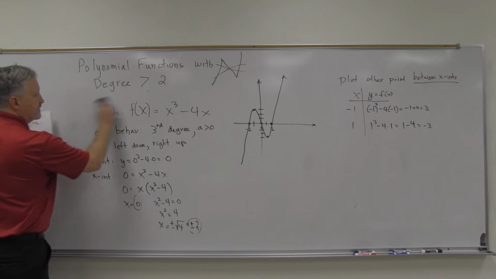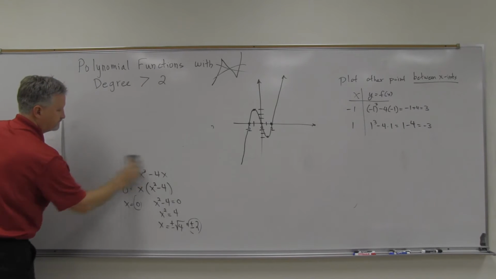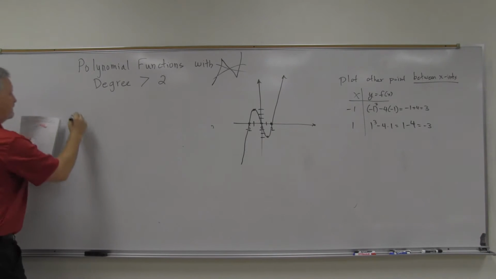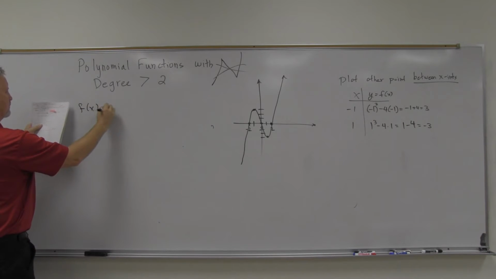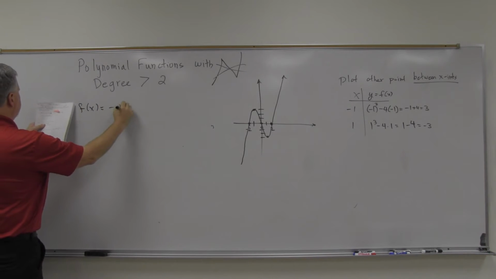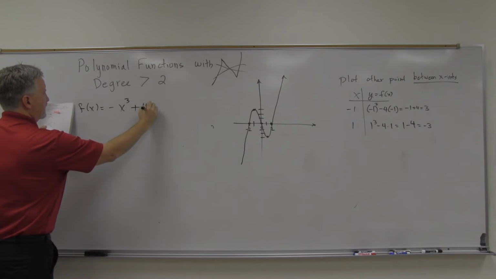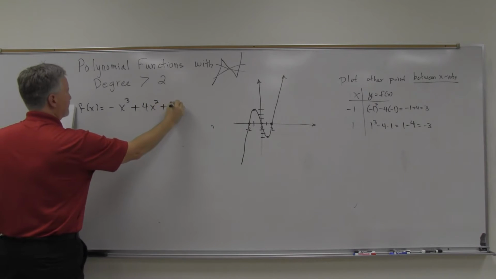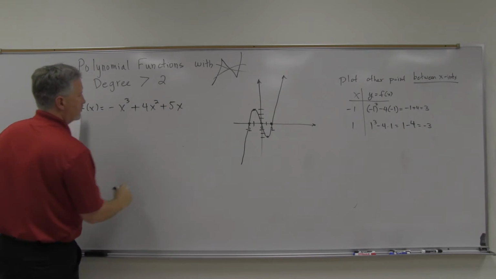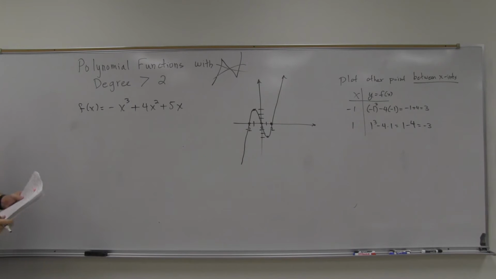All right. There's another one then. F of x equals negative x cubed plus 4x squared plus 5x. All right, so same deal. Give me the end behavior.